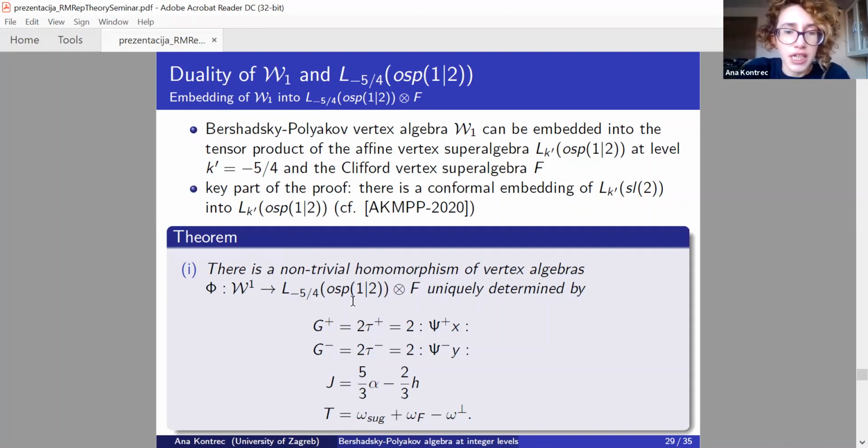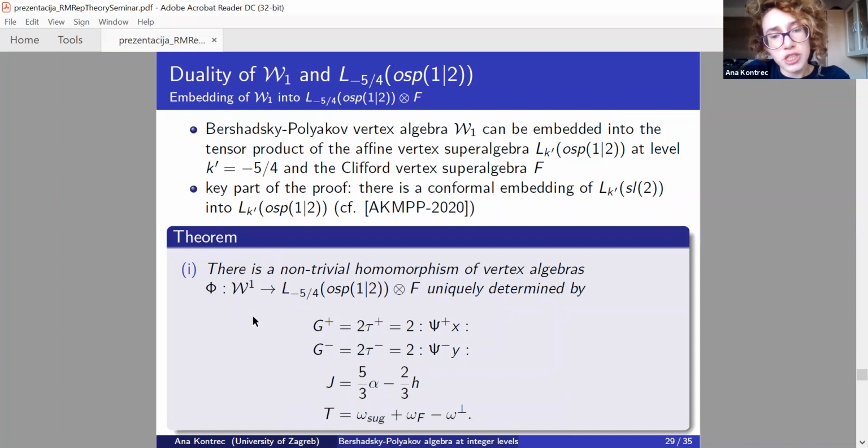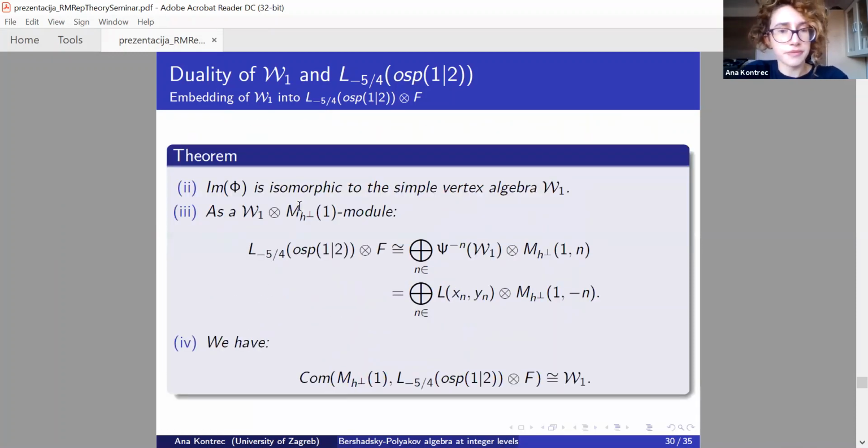We construct the generators explicitly, and we show that in fact the image of this homomorphism is isomorphic to the simple quotient of W1.